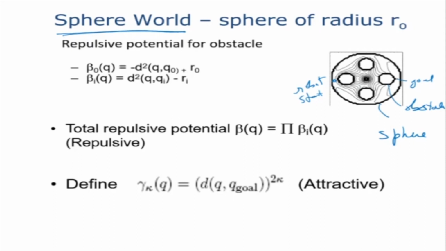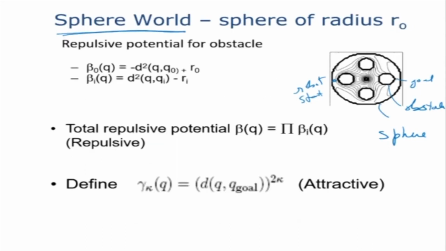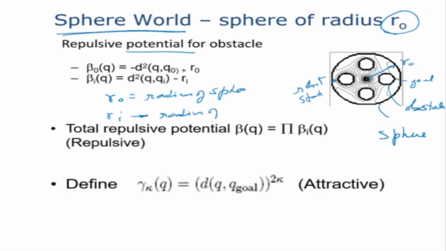Say, for example, a function would again mean an attractive potential and a repulsive potential. The repulsive potential here is given this way. This is my repulsive potential for the obstacles, where R0 is the radius of the sphere. Then Ri is the radius of obstacle: R1, R2, R3, R4.